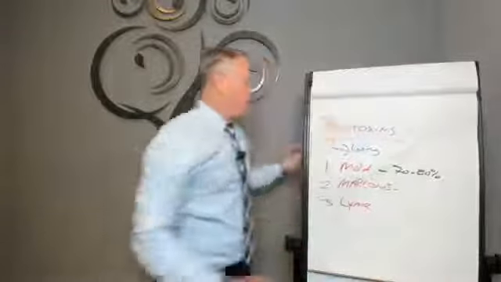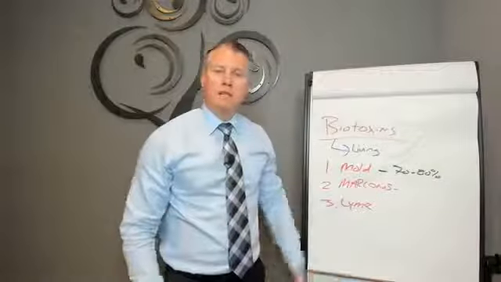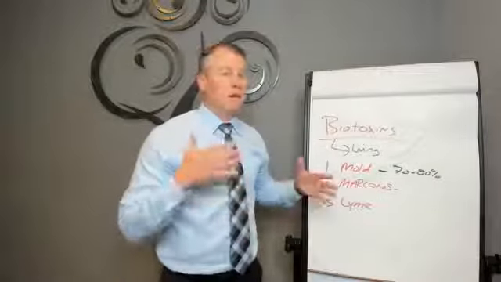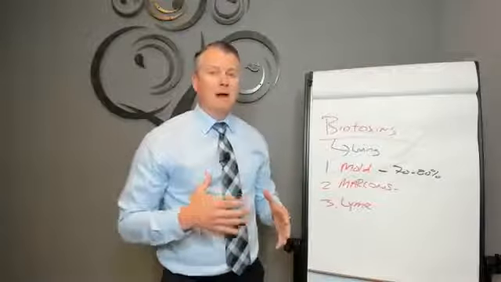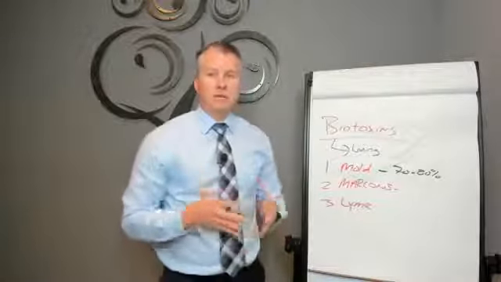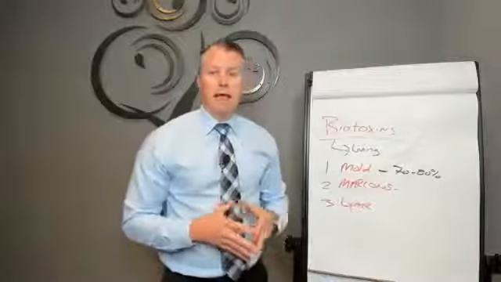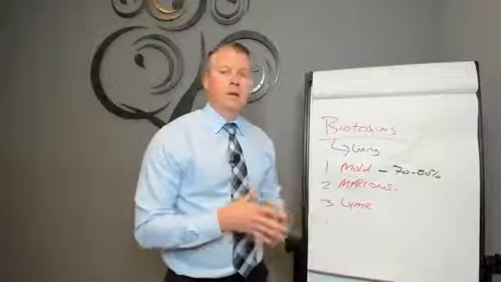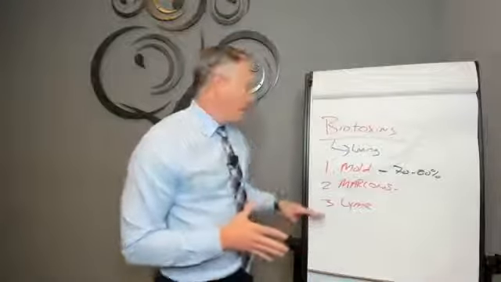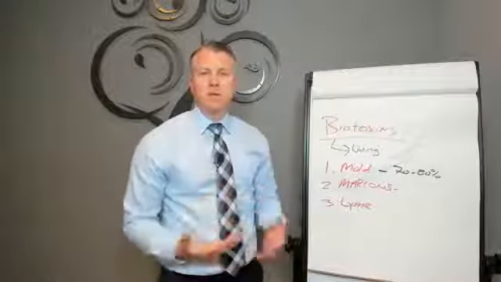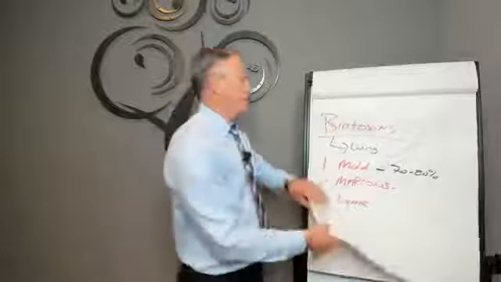Biotoxins are most commonly mold. We can see an individual who has mold, and we'll talk in depth about that today, how you can investigate to see if mold is a potential exposure you've had. MARCoNS, which is a multiple antibiotic bacterial infection. And then we have Lyme disease, which is a common one that we see. Many people know what that is.